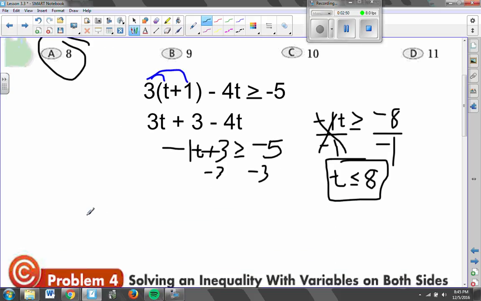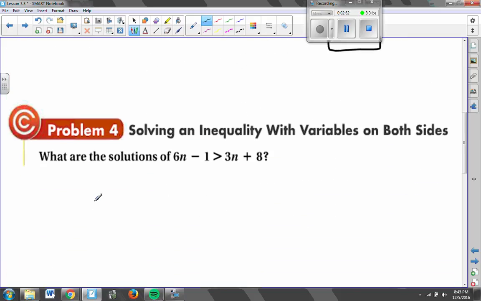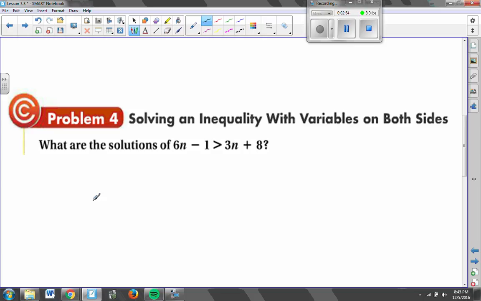Another type of multi-step inequality that we might see is when we have variables on both sides. The nice thing here is that there's no parentheses. There's nothing special that I have to do. All I have to do is move all my variables to one side, all my numbers to the other. And I'll try to always keep my variables to be positive, which means I'll take away the smaller number if I can.